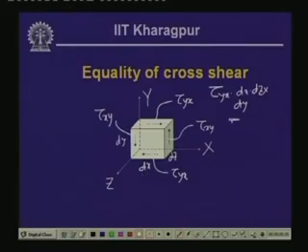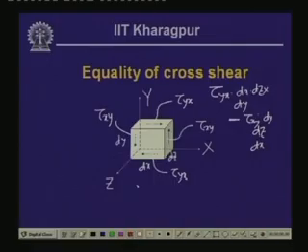minus tau x y, which is acting on the area dz times dy. So, tau x y multiplied by dy multiplied by dz is the force, and if we take the moment of this force with respect to z axis, then this is multiplied by the distance dx.